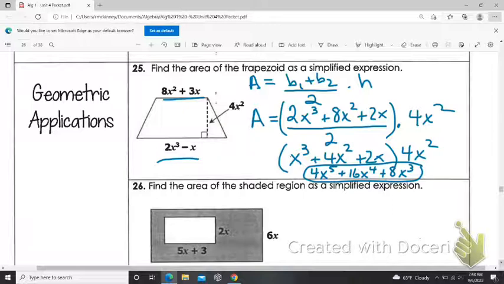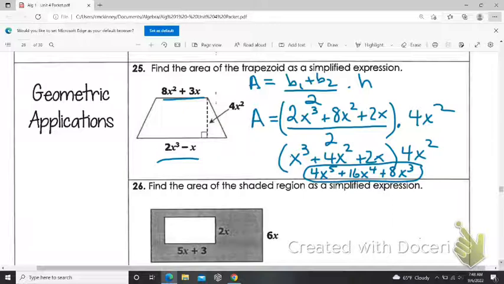The next one about the shaded region, I love this kind of problem because we have to see two different things. We don't have direct measurements for how long different parts of this are. So what we can do, and maybe you already have figured this out, is find the large rectangle and the small rectangle and then subtract them.